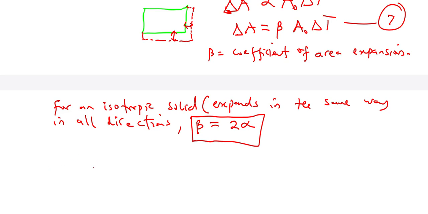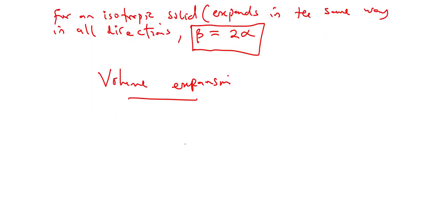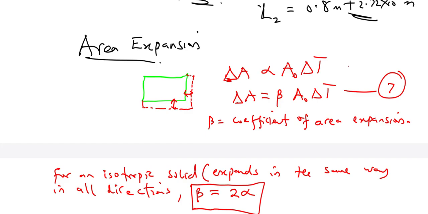Now we have the same thing for volume expansion. This will involve a three-dimensional object, or a liquid, or gases. Here A naught is the original area and delta A is the increase in area.